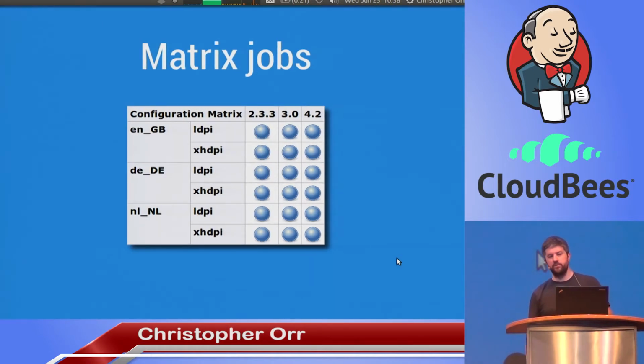Well, we can use the power of the matrix job or the multi-configuration job in Jenkins. So this lets you run the basic same job configuration, but with some variables. So as Android developers, the most important variables to us are Android version, the screen size or the screen density that you want to test, and locale, so which languages you're going to support.